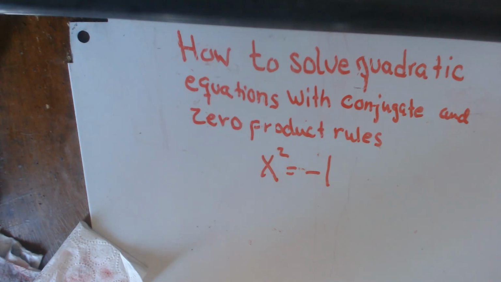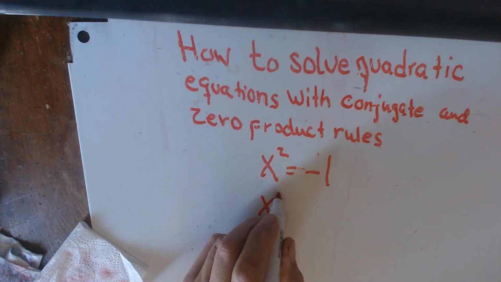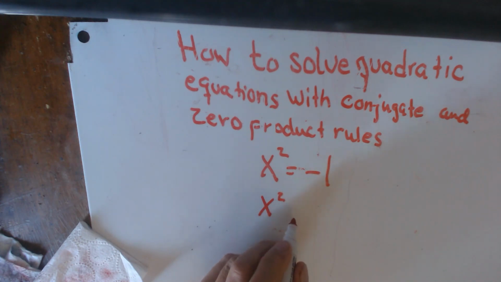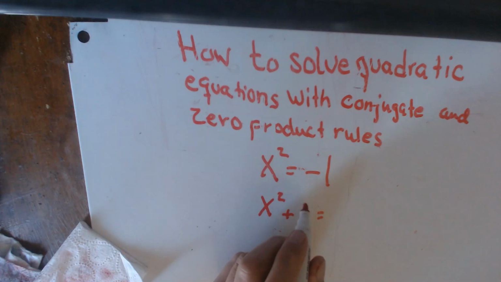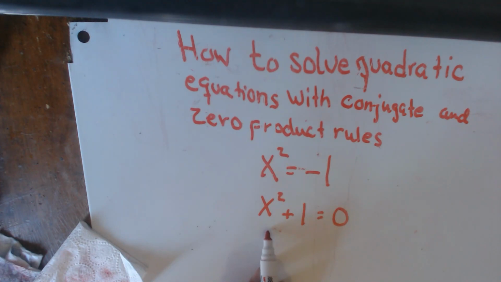To solve the problem, we do exactly the same as earlier. We collect every term to the left side of the equation and the right side equals 0. So now you see that the conjugate rule doesn't work on this expression because there is +1 here.